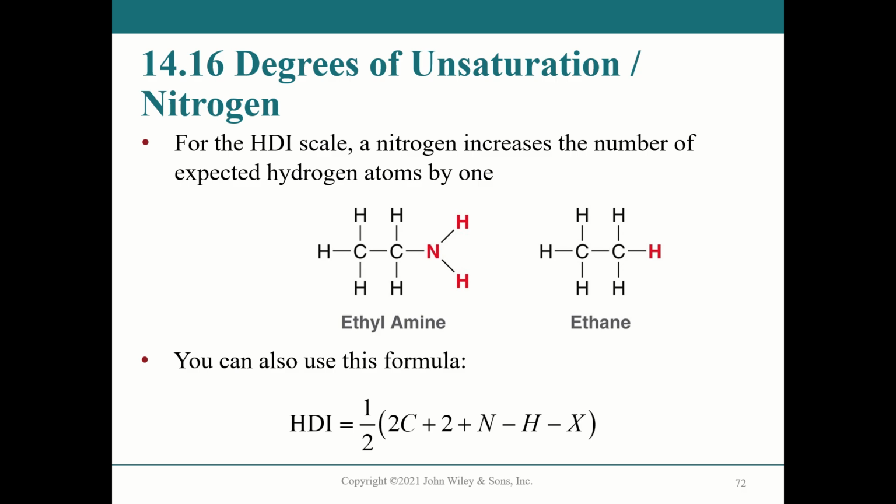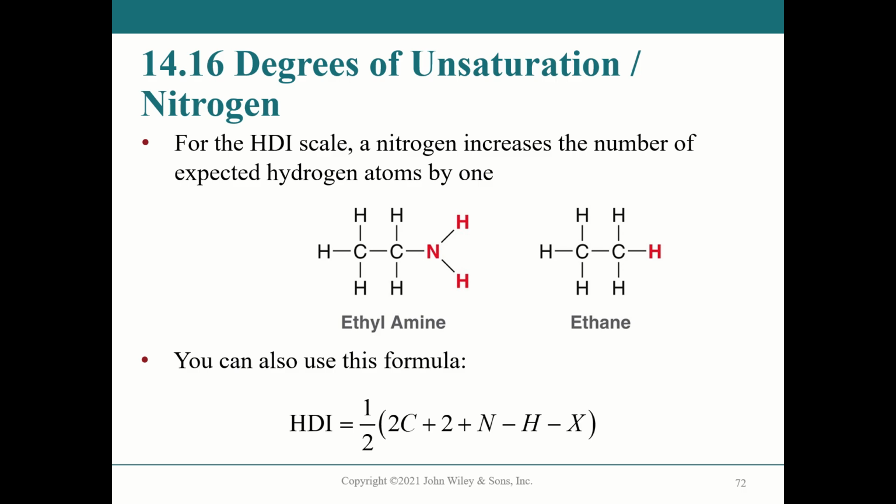Actually, I should rephrase this: you're essentially replacing a hydrogen on a carbon with an atom that can potentially hold 1 additional hydrogen. And so we're essentially adding to our formula the number of nitrogen in our molecule.